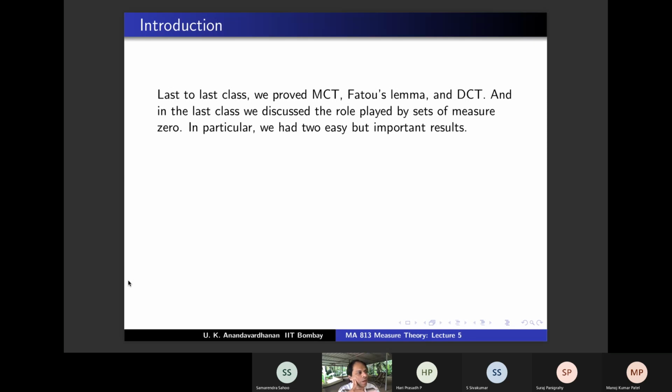You wanted to show that almost all x belong to at most finitely many sets. That was the claim. That set has measure 0, and the main idea was just interchanging. So that was Borel-Cantelli, also a very famous result.